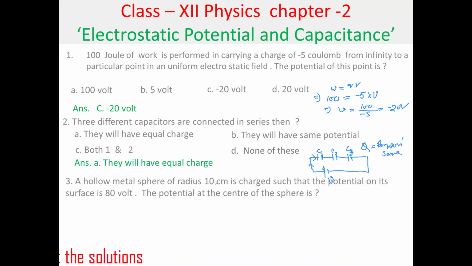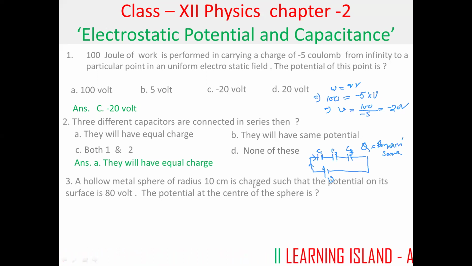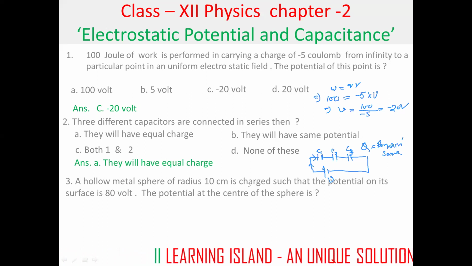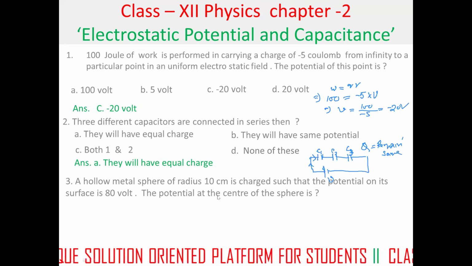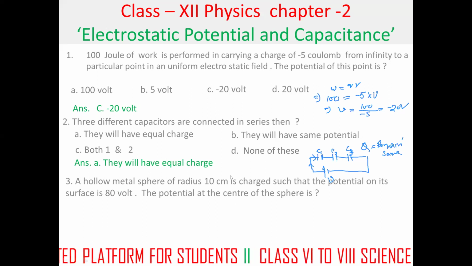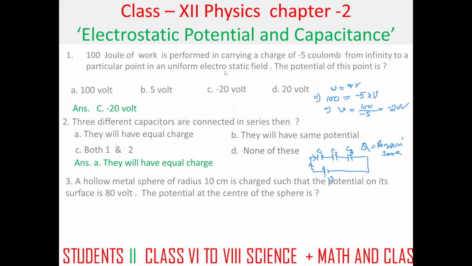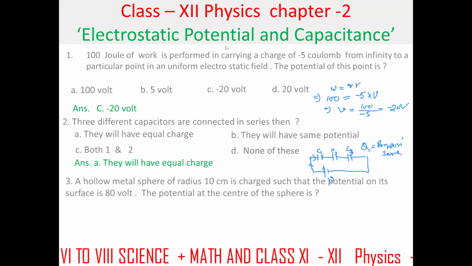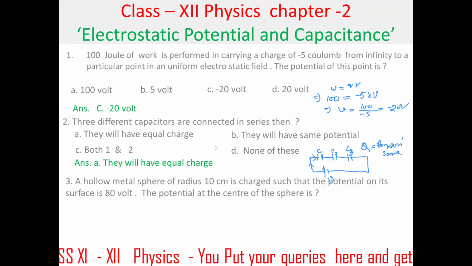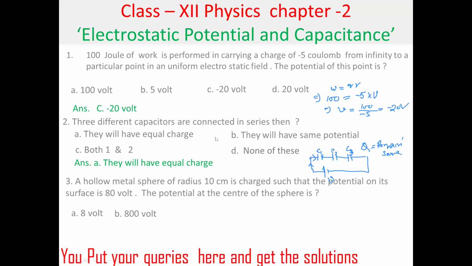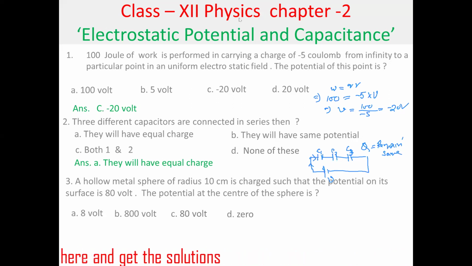A hollow metal sphere of radius 10 centimeter is charged such that the potential on its surface is 80 volt. The potential at the center of the sphere is. The question is very much interesting. The options are this. So what would be the answer over here?